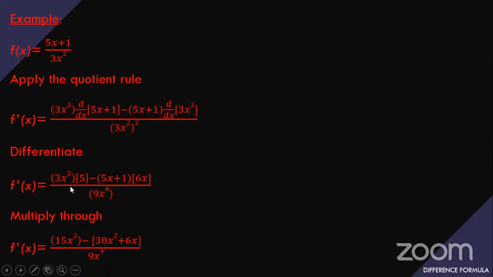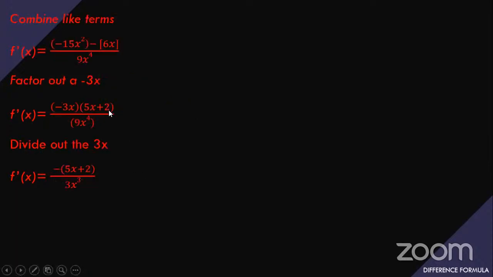So if we differentiate this, what we are going to have is 3x squared multiplied by 5 minus (5x plus 1) multiplied by 6x, divided by (3x squared) to the power of 2, which is 9x raised to the power of 4. So if we multiply through, what we are going to have is 15x squared minus 30x squared minus 6x divided by 9x to the power of 4.